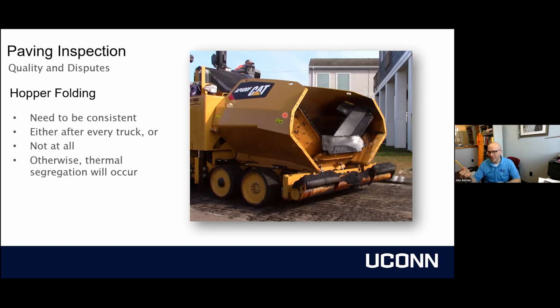If the paver operator is distracted and only doing this periodically, there's going to be cool spots forming on the outsides of those wings. And then basically as it folds, cold chunks of material will be sloughed into our mat and create these cold spots. So the best practice here is to do it after every single load or just skip it. And honestly, what's easier? Remembering to do something every 3 minutes or not doing it at all?